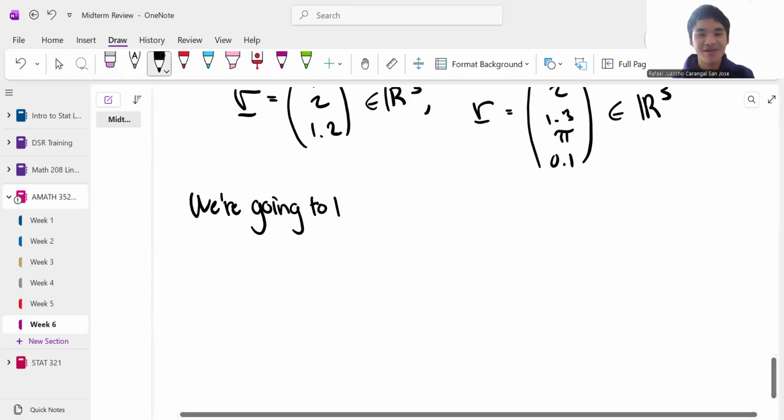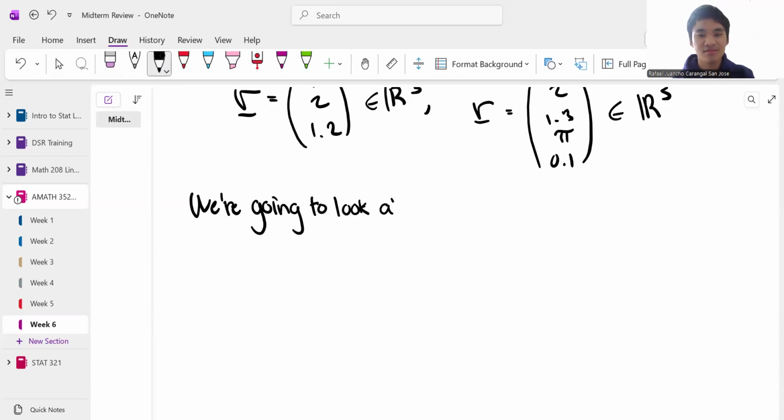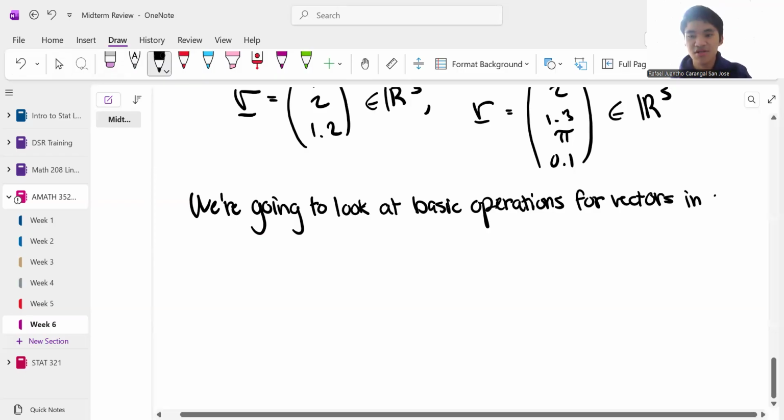We're going to look at basic operations for vectors. These are some things we can use to work with vectors, and let's generalize it to d dimensions.